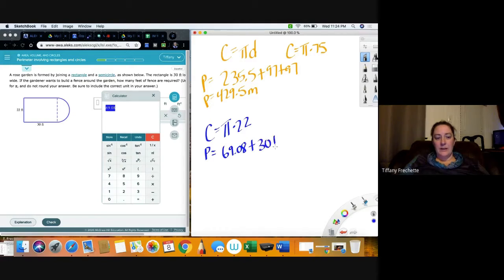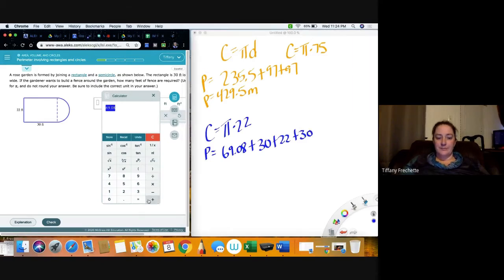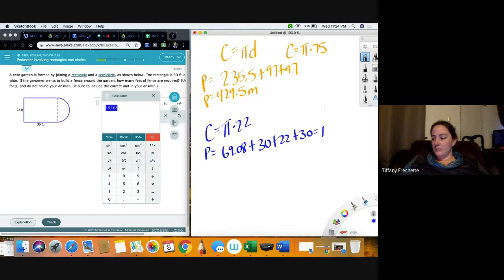So we have 30 plus 22, and then the top, even though it's not listed, is also 30. 22 plus 30 equals, no, sorry, 151.08, and this is feet, not feet squared, not feet cubed, just feet.